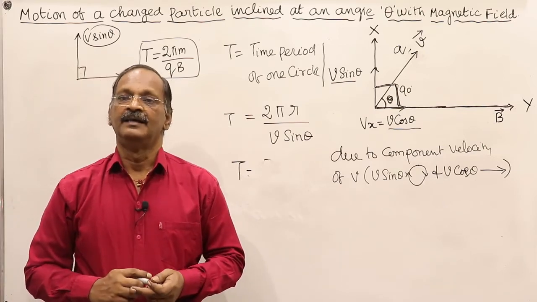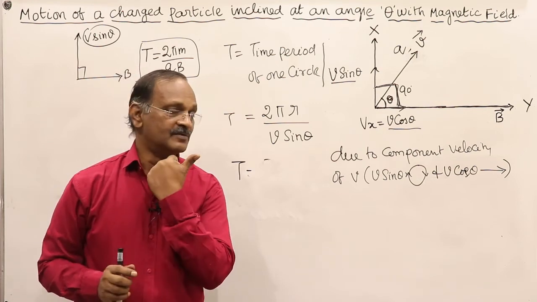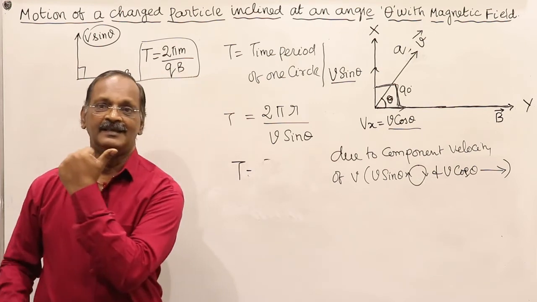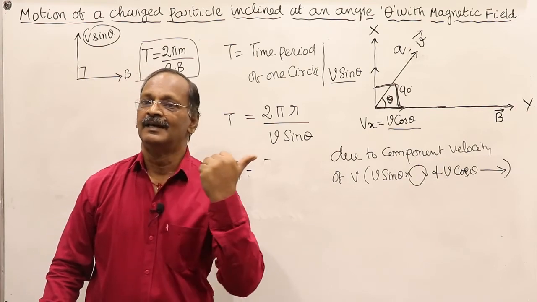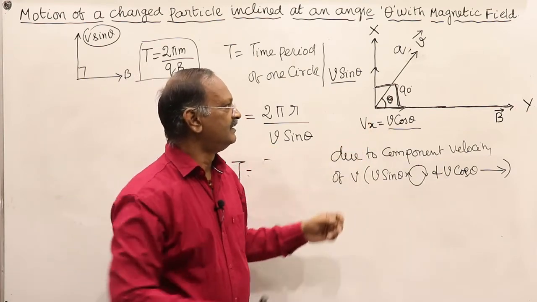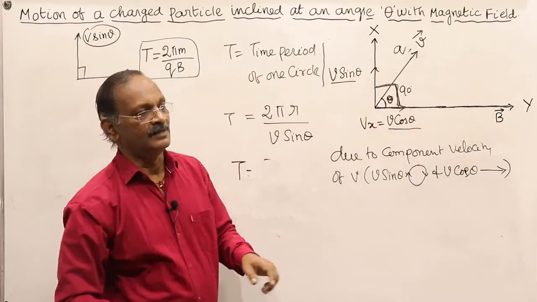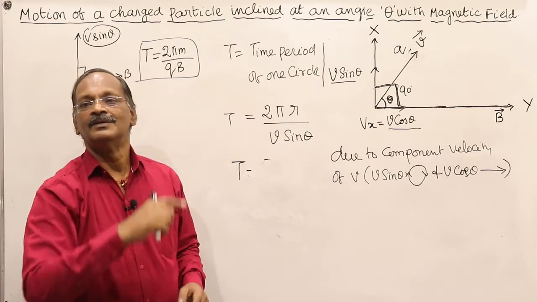Hence, because of the linear motion, the body moves along the direction of the magnetic field due to the horizontal component. It means the particle will move in this direction, and while moving it will also make circular motion.